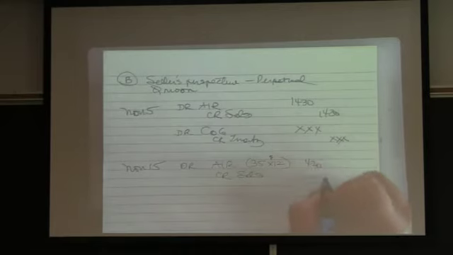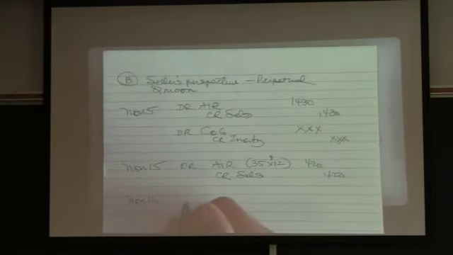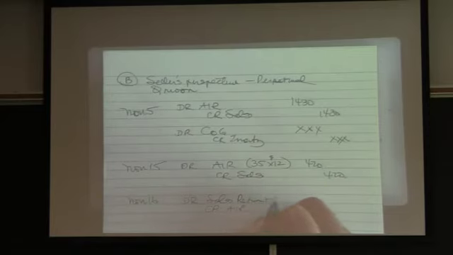That's 420. And November 16th, there was a return. So from the seller's perspective, it would credit accounts receivable, it would debit sales returns and allowances. And that one is from that 5, right? At $12. And that would be 60.